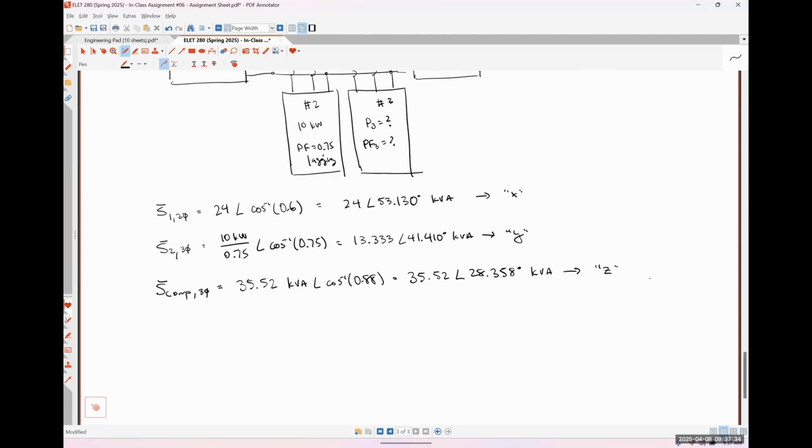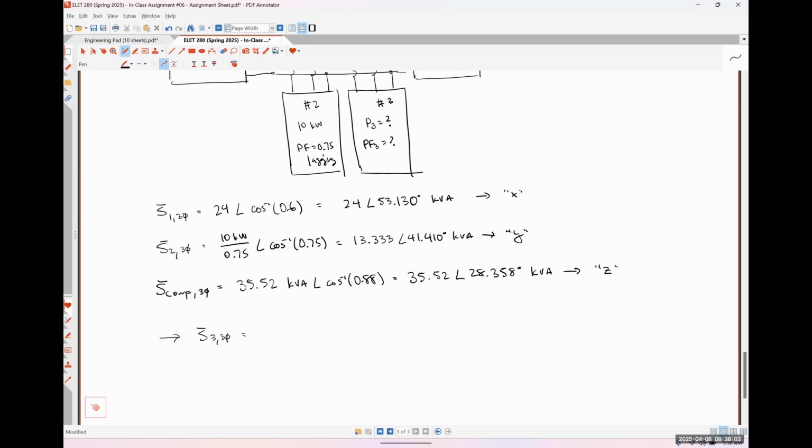So using that information, how do we get the total complex power absorbed by load three? Subtract the total by the other two. Exactly right. Yeah.